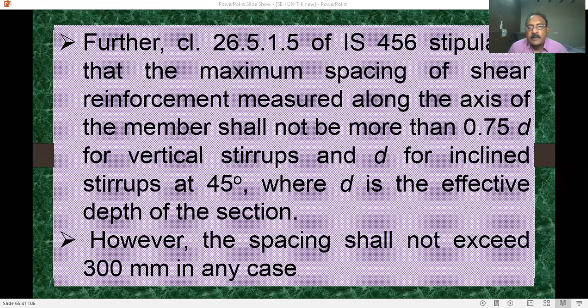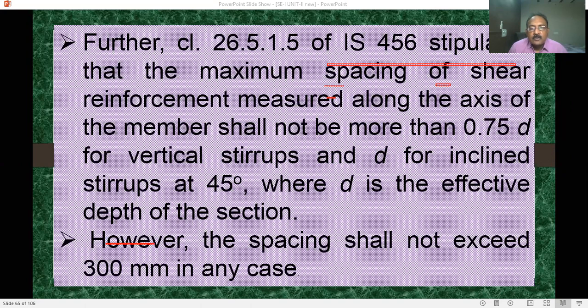The maximum spacing of shear reinforcement along the axis shall not exceed 0.75 d, where d is the effective depth, and d for inclined stirrups at 45 degrees. In no case should it exceed 300 mm.